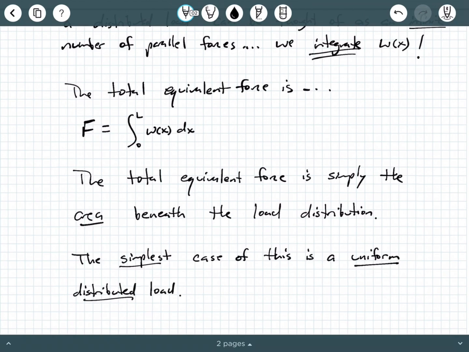Okay, so that means that your distributed load does not vary over the length. It's a constant uniform load.